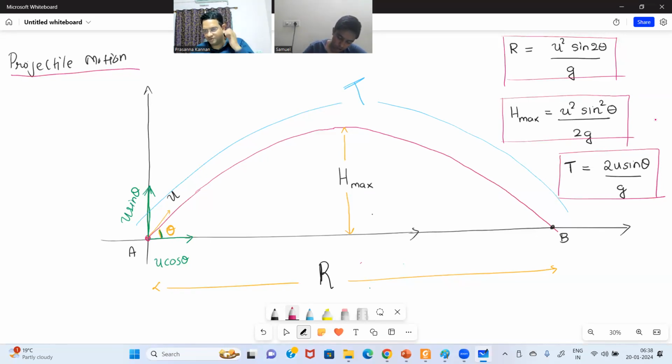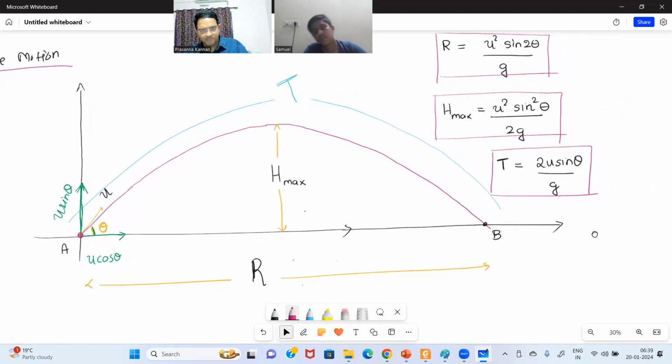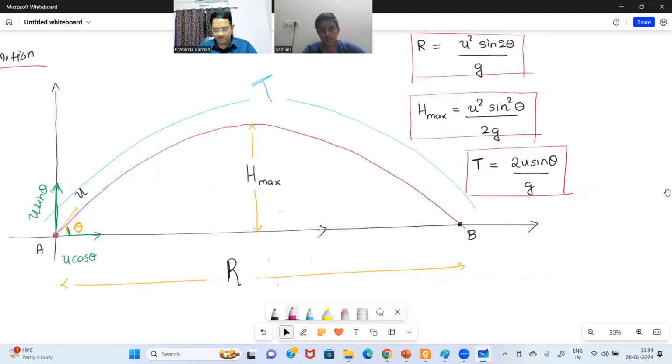I'm sure in the class they would have done the derivations as well, right? Yes. Range is u square sine 2 theta by g, h max is u square sine square theta by 2g. Time of flight is 2u sine theta by g. Okay, just a few points I'll tell you, then we'll move on. This is called horizontal range. The maximum x distance.